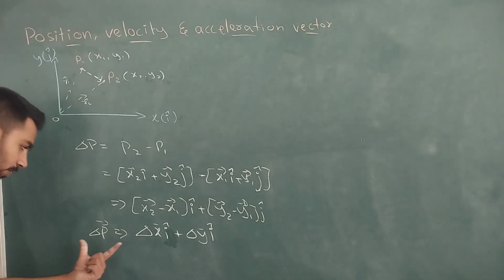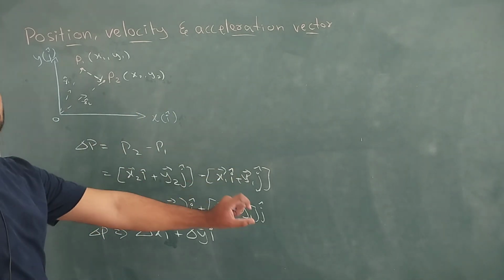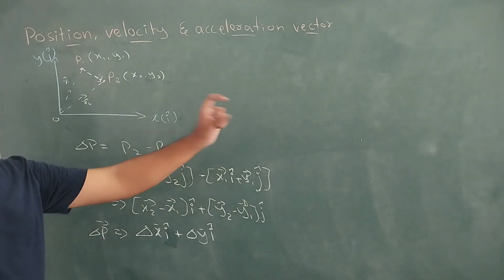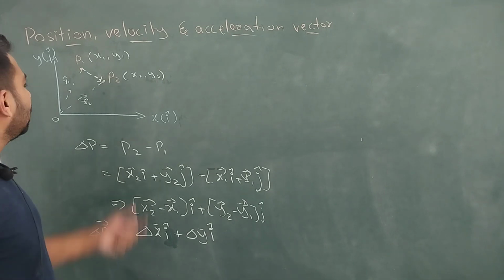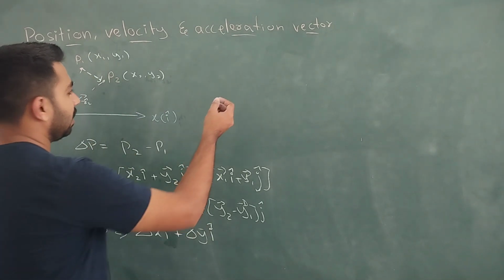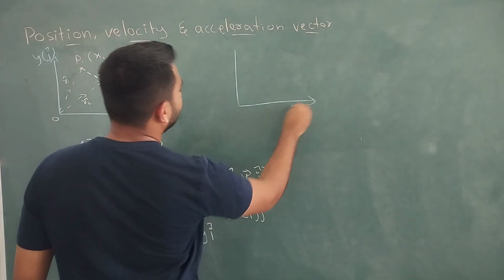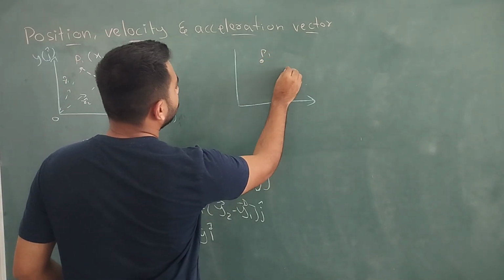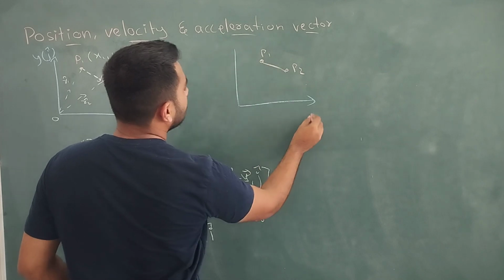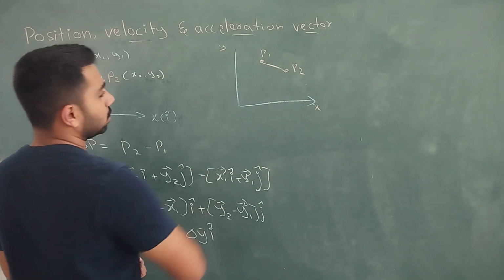Now the same thing for velocity. Let us write the same for velocity, through points P1 to P2. This is the x-axis, this is the y-axis.